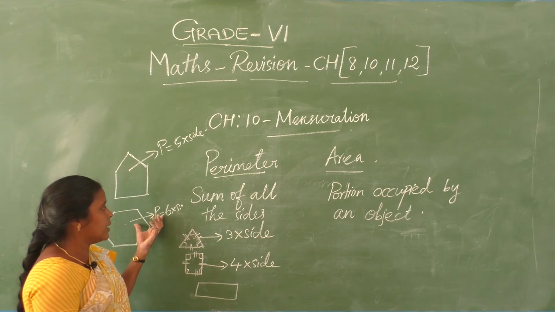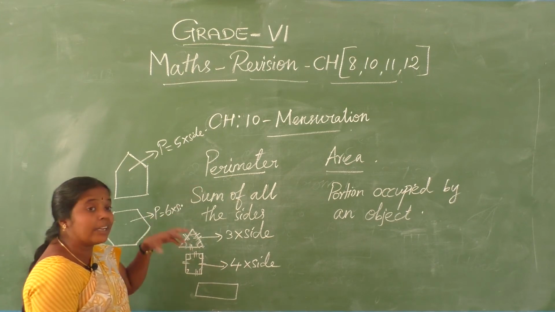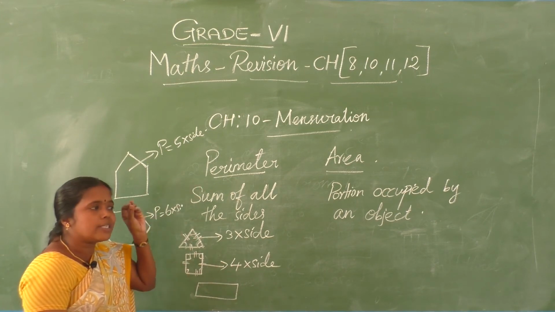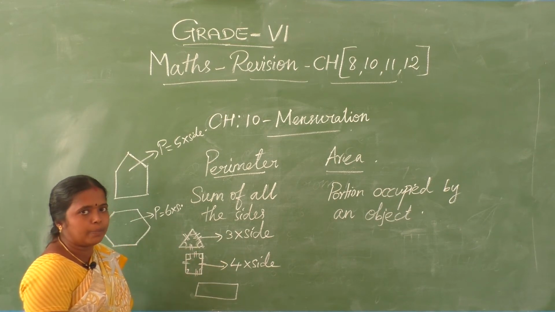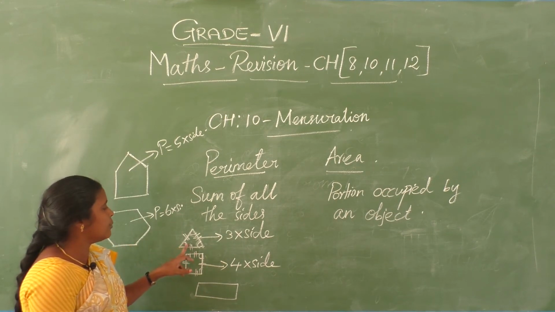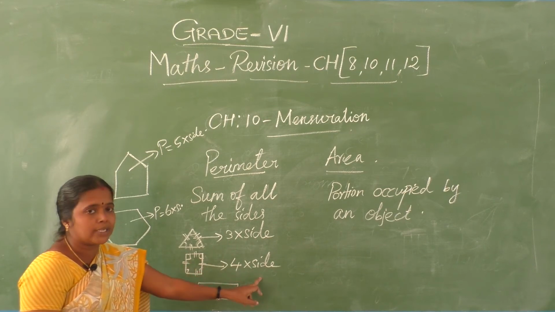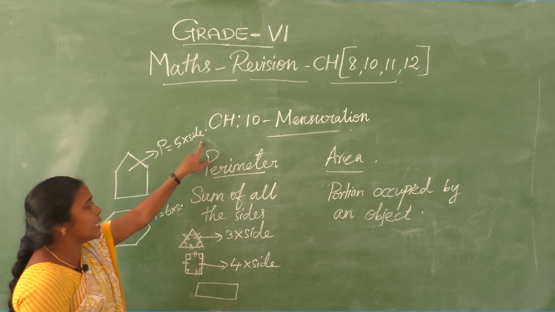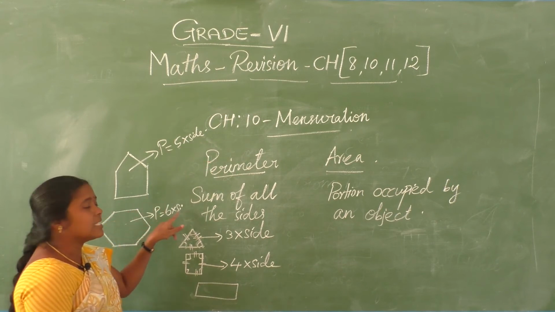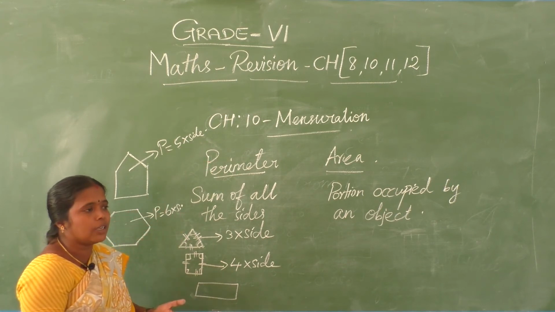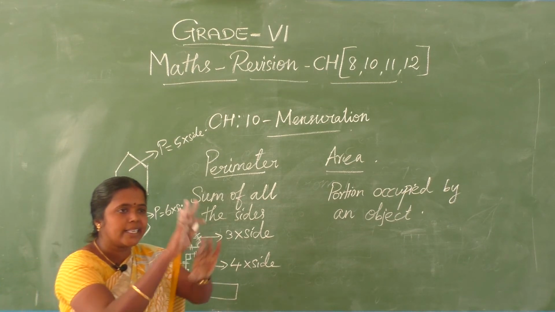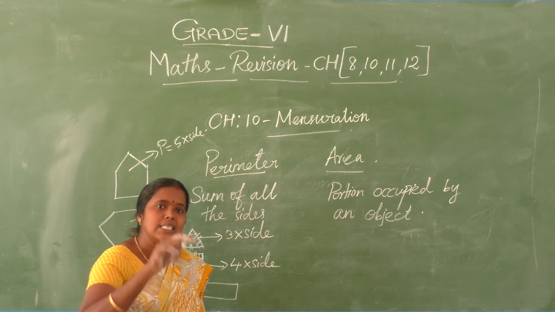Generally, for the perimeter of a regular polygon, you multiply by the number of sides it has. Equilateral triangle means 3 into side. Regular quadrilateral, that means square, 4 into side. Regular pentagon, 5 into side. Regular hexagon, 6 into side. In general, if the regular polygon contains n sides, what is its perimeter?